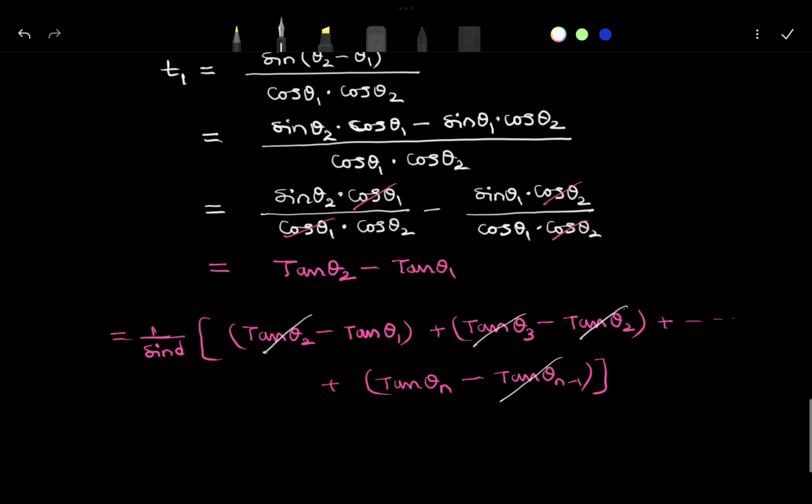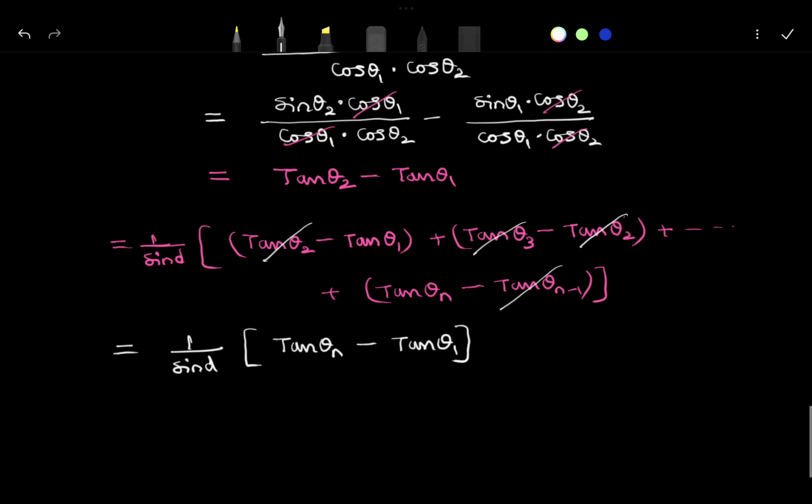What will be the remaining terms? This value will be equal to 1 by sin d into tan theta n minus tan theta 1. So your final answer we can write is 1 by sin d.